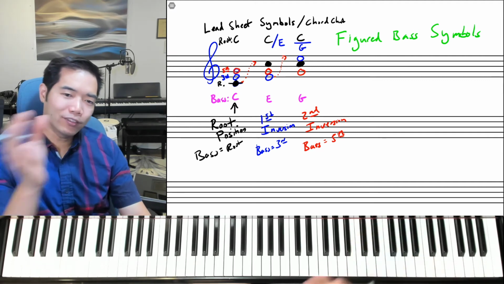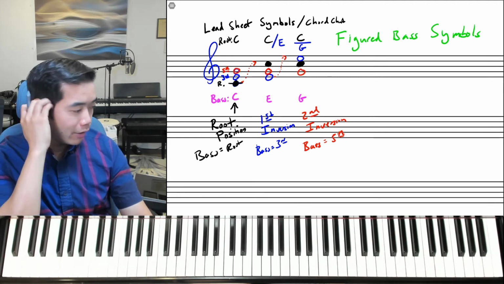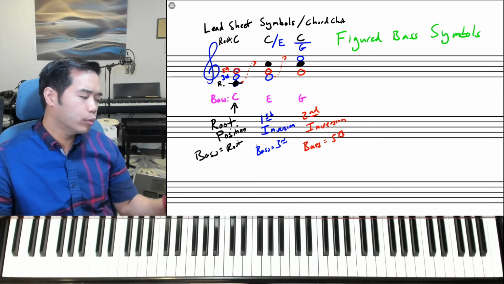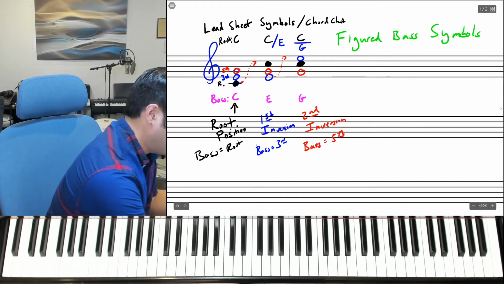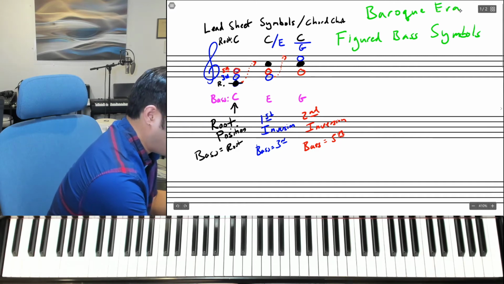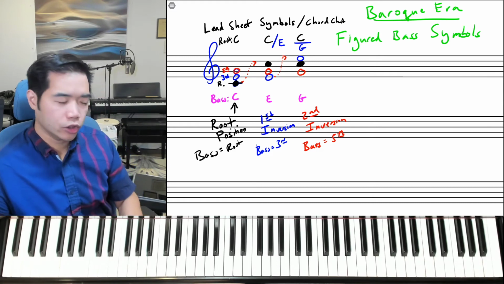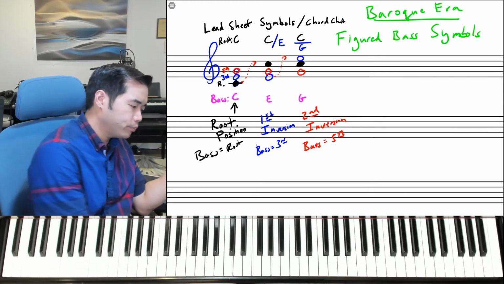In fact, we have some historical use of figured bass previous to that era. But this is really a tool used in the Baroque era of music, the era of Bach, 1600s to 1750 or so in Western Europe.